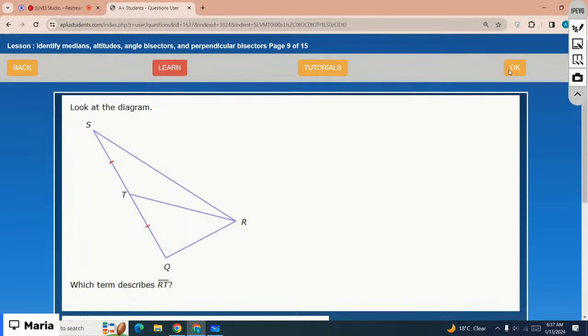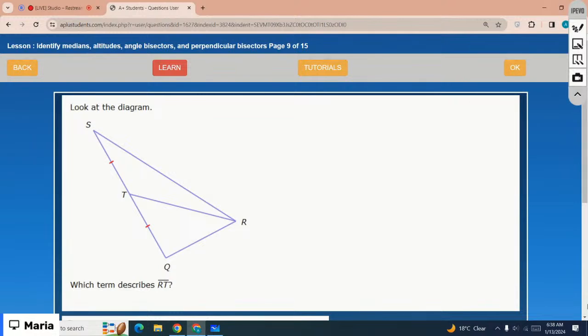Look at the diagram. Which term describes RT? That is the median, right?